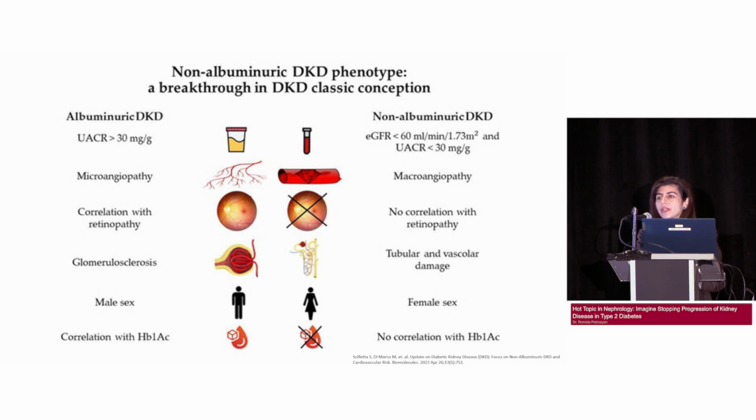There is more correlation with retinopathy in the albuminuric phenotype. There's more glomerulosclerosis, and patients of female sex tend to be usually in the category where they don't have albuminuria. And there is more correlation between albuminuria and A1C, and not so much correlation with A1C in the non-albuminuric phenotype.